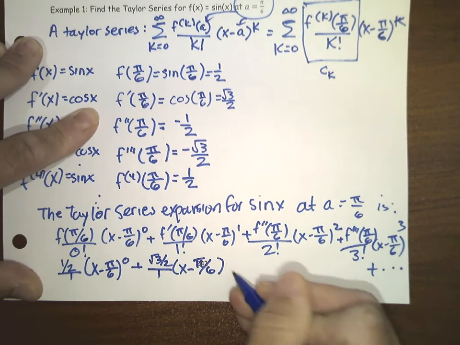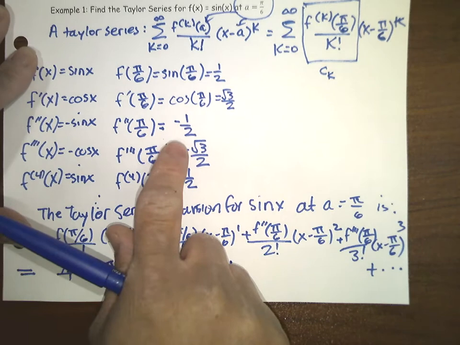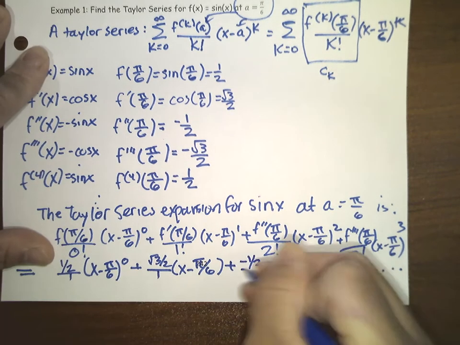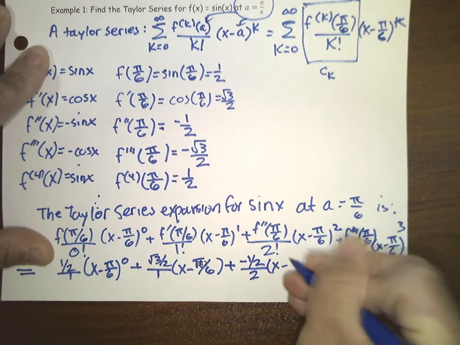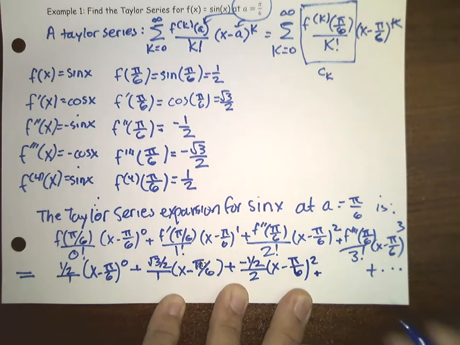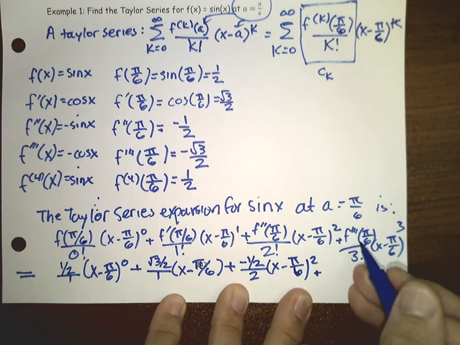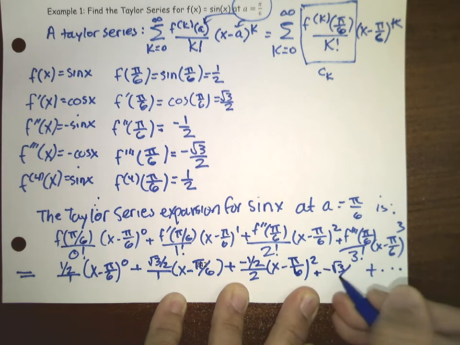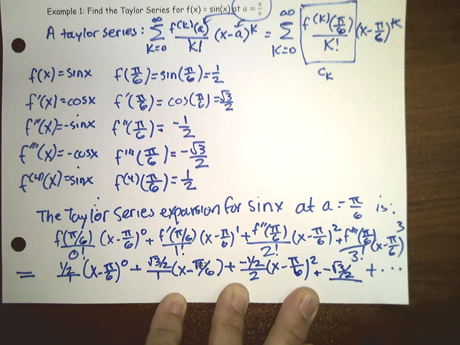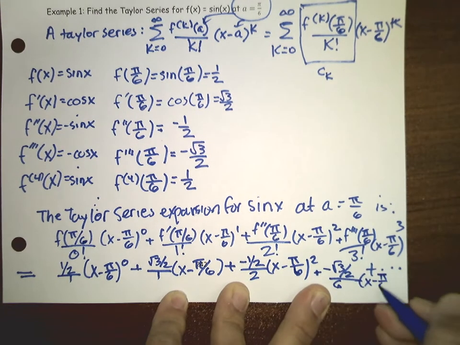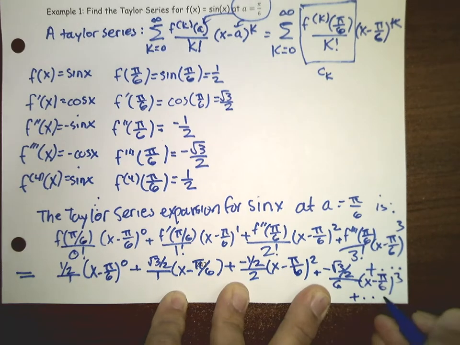And then plus f double prime of pi over 6 over 2 factorial, so minus a half over 2 times x minus pi over 6 squared. And then f triple prime at pi over 6 over 3 factorial will be negative square root of 3 over 2 over 3 factorial, which happens to be 6, times x minus pi over 6 to the third, and so on.